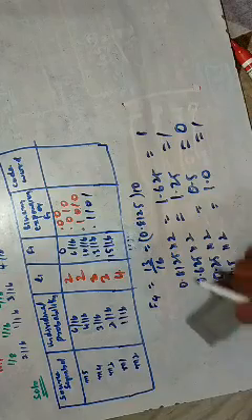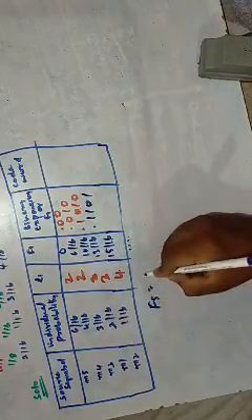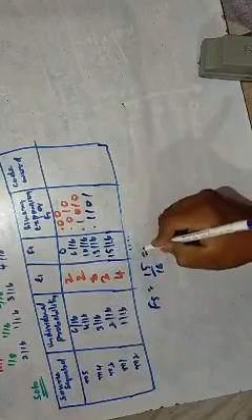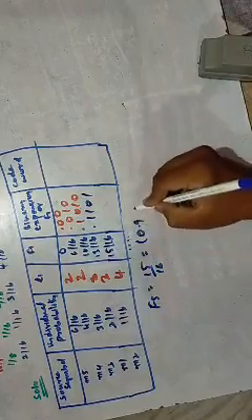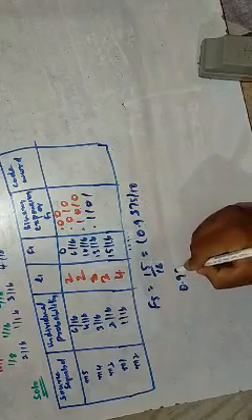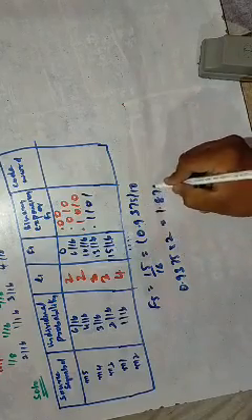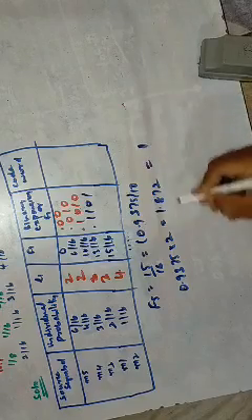Similarly, you have to find the binary expansion for F5. F5 is equal to 15 by 16 and the answer is 0.9375 with respect to 10. So 0.9375 into 2, we get 1.875. So take the carry 1 before the decimal point.